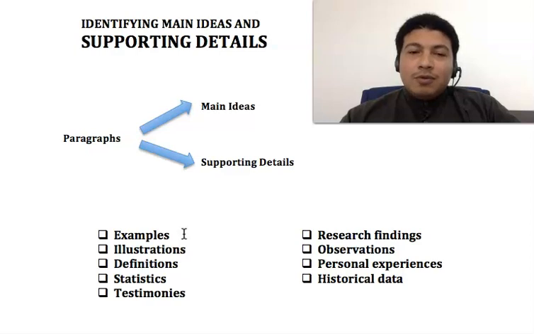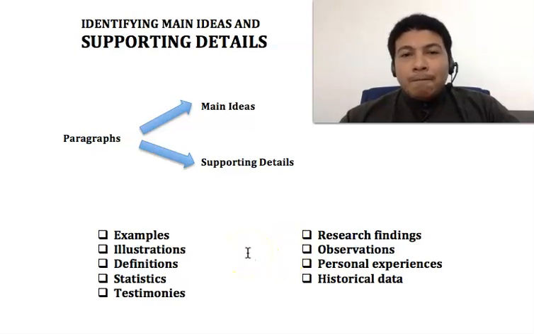The same goes for illustrations, definitions, statistics, testimonies, research findings, observations, personal experience, and historical data. So these are all examples of supporting details that you might find in a writing that would support the main idea or the main point.